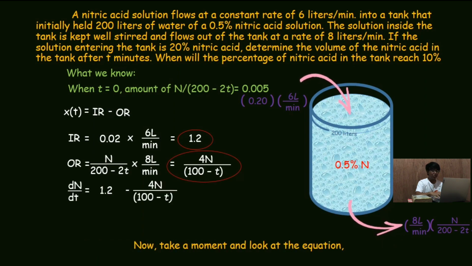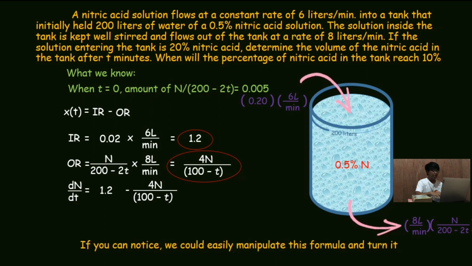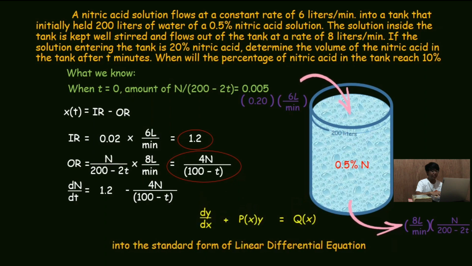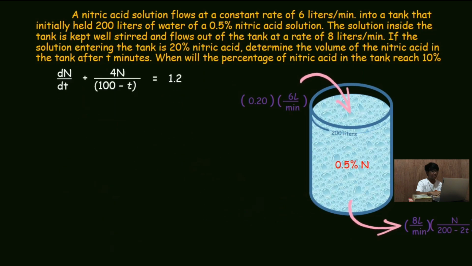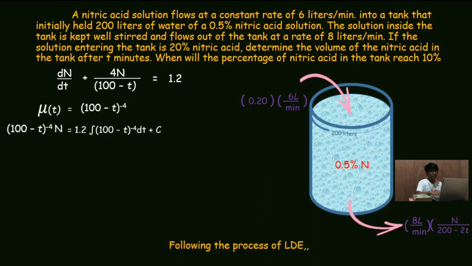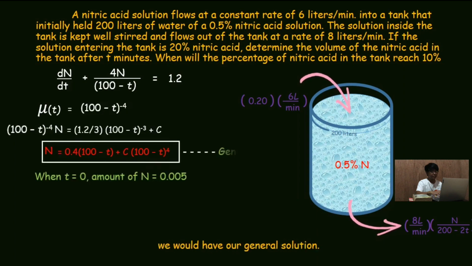Now, take a moment and look at the equation. If you notice, we could easily manipulate this formula and turn it into the standard form of a linear differential equation. Following the process for an LDE, we would have our general solution.